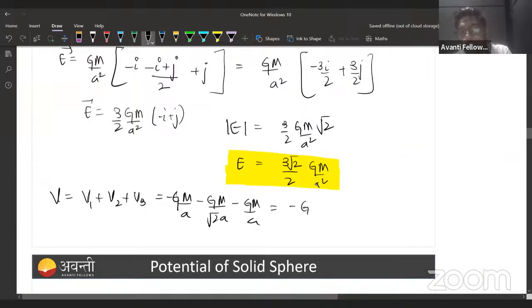So minus Gm by a becomes common. Here you are remaining with minus 1 by root 2 and minus 1. So if I solve this equation, what am I left with? I'm left with minus Gm by a into 2 plus 1 by root 2. See, I solved it in the space itself.